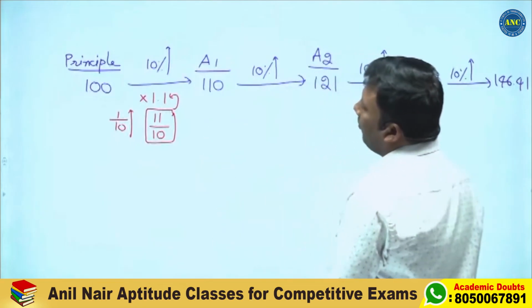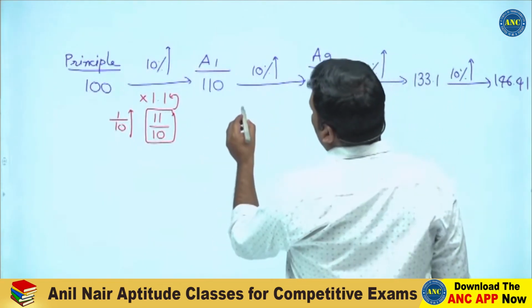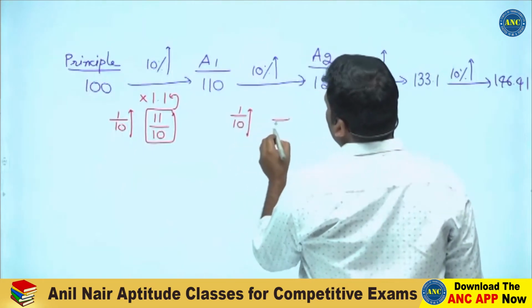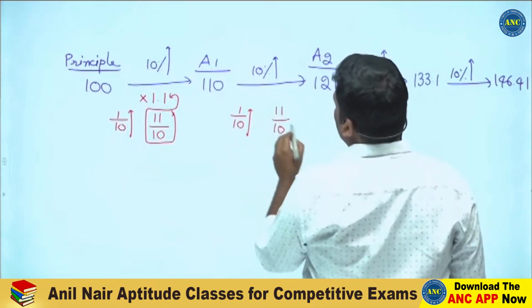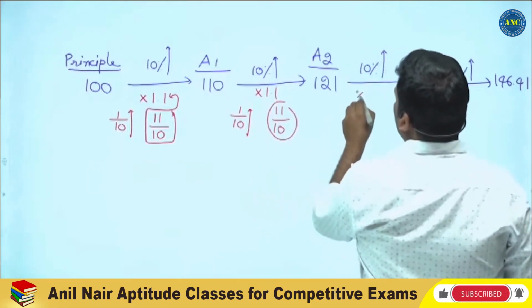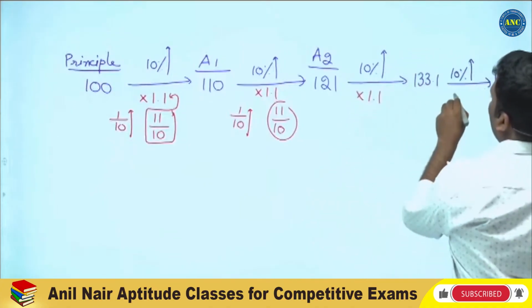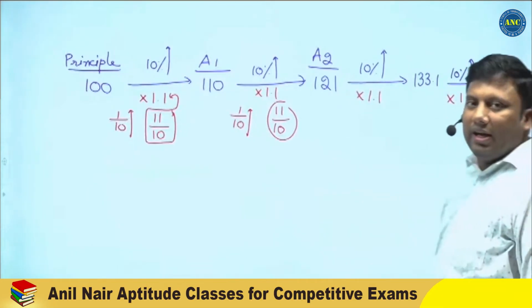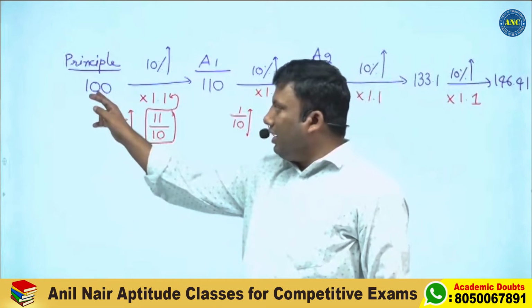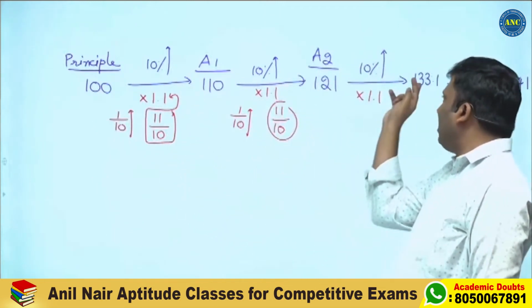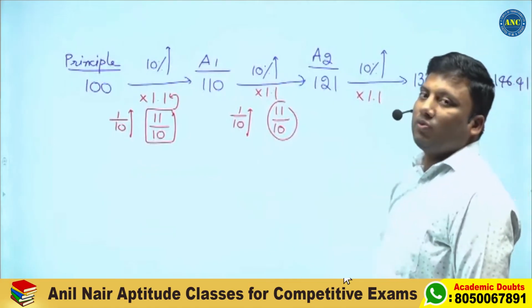It is again 110, 10 percent more. 10 percent is 1 by 10 more. On 10, 1 increase, so it is 11 by 10. Again it is 1.1, and similarly every year it is 1.1.